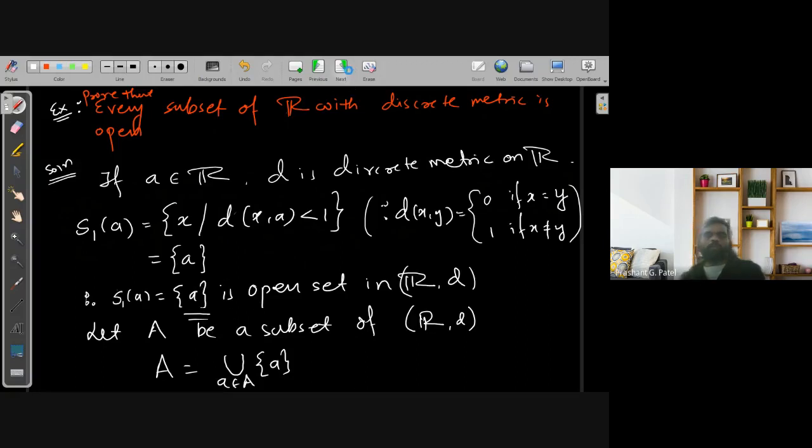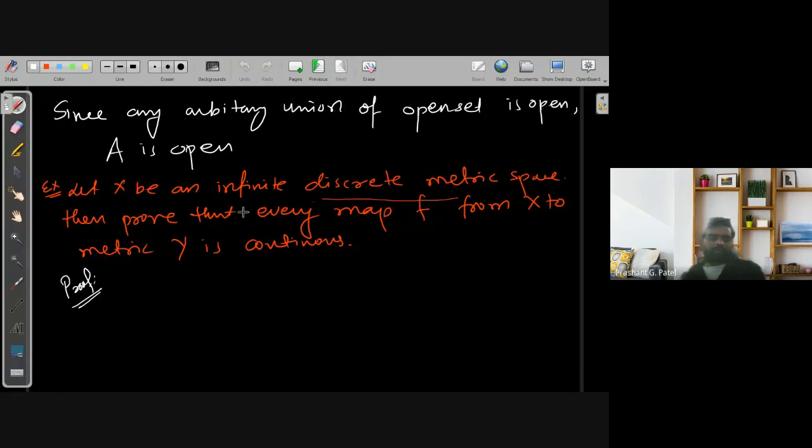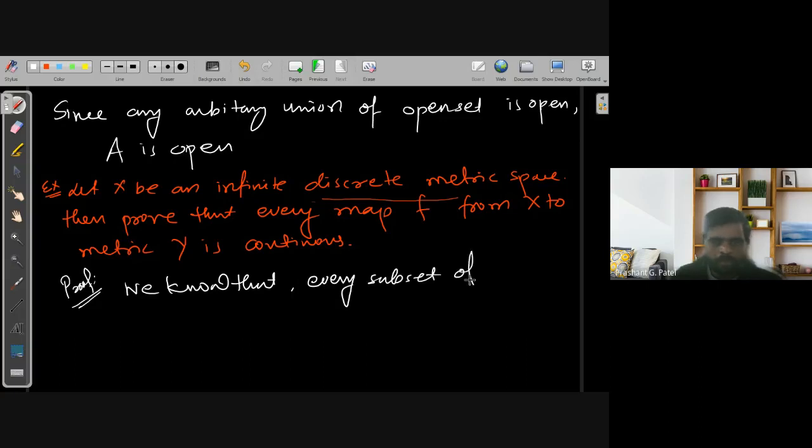So with this note, if you consider that previous result, we know that every subset of X is an open set.